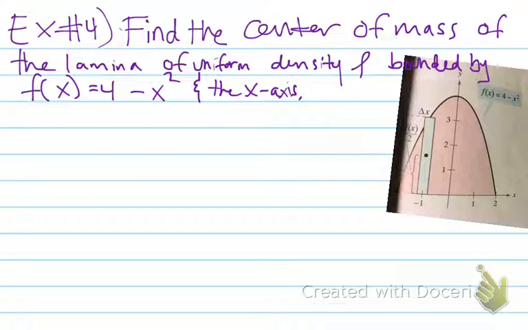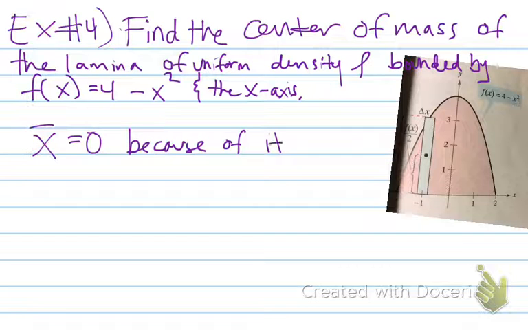Now, if you notice, this parabola is actually centered on the origin as far as over the y-axis is concerned. So the center of mass in the x direction is actually just right in the middle at 0. So we know that x equals 0 is the center of mass. So we then know that x bar automatically equals 0 because of its symmetry, symmetry about the origin.